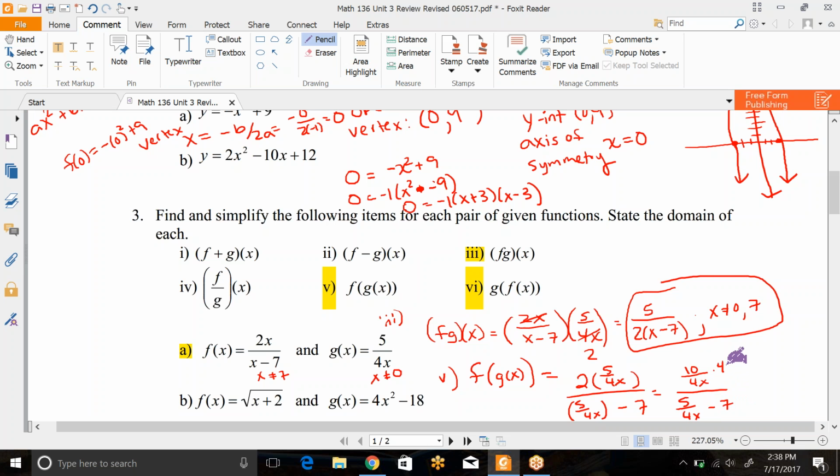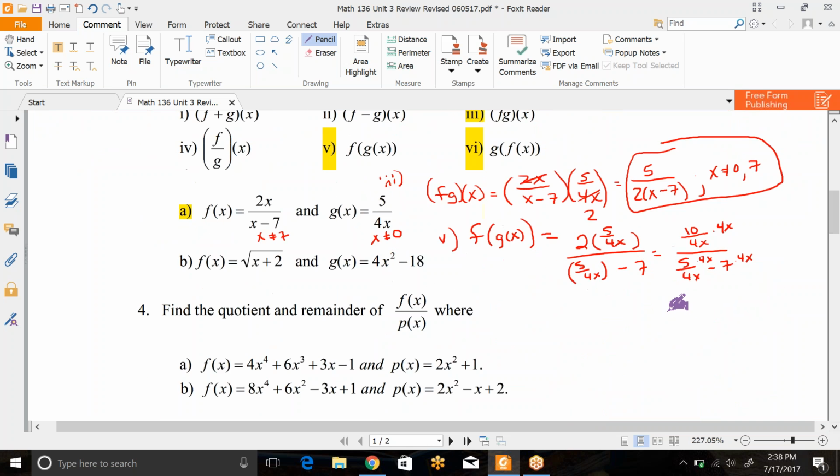If we multiply everything on top and bottom by 4x, that will cancel out those denominators. So this just becomes 10 over 5 minus 28x. So there's f of g. And your domain here is the two things you have to consider.